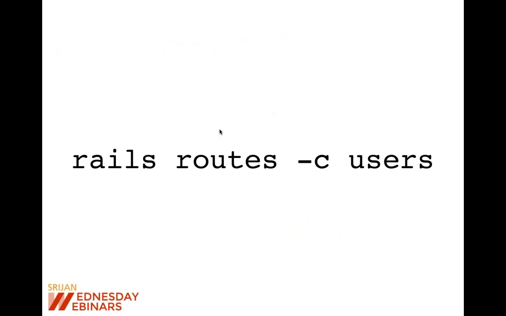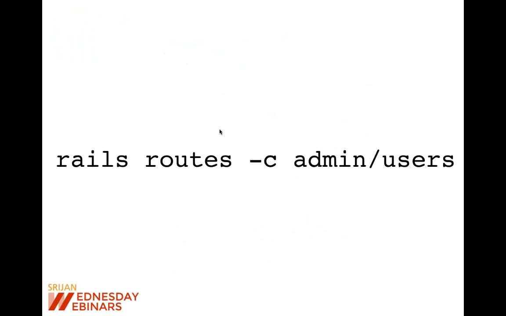So filtering is easier now. You can use the -c switch to filter the routes by controllers. This will find all the routes related to the users controller, wherever the users string is used. Then if you want to filter namespaced routes, you can pass admin/users, and it will find all those routes related to the admin namespace and the users resource.